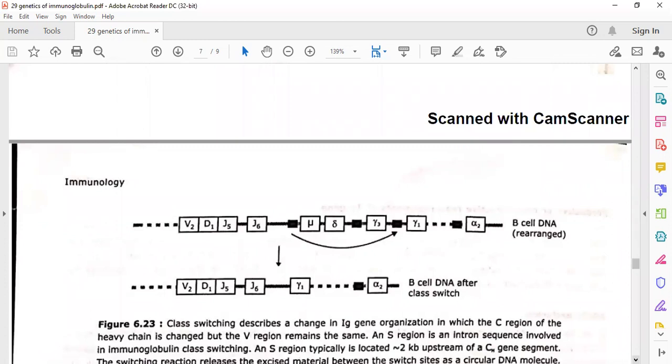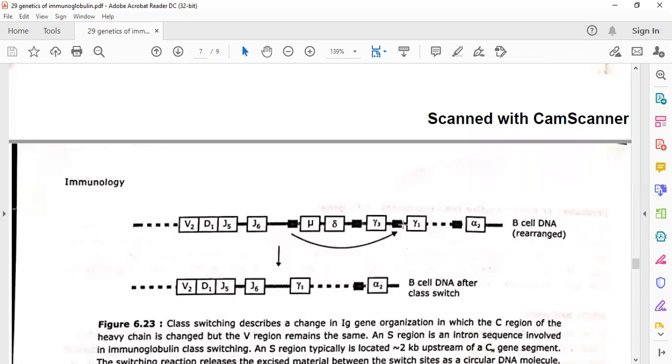Suppose that we have undergone the VDJ recombination here. After VDJ recombination, suppose there is a requirement for the preparation of immunoglobulin G. Then a cut will be made here between the mu and the gamma 1.